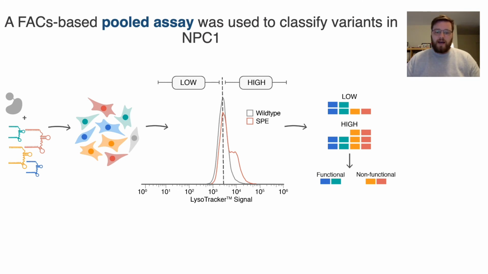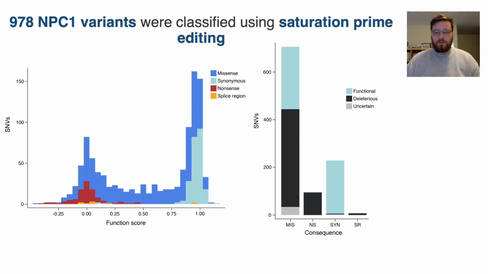But pathogenic variants, since we know those accumulate more LysoTracker and are brighter, we would expect those to be disproportionately skewed towards the high population. By sequencing these two populations and quantifying the log-fold change, we were able to develop a function score for each of these variants.